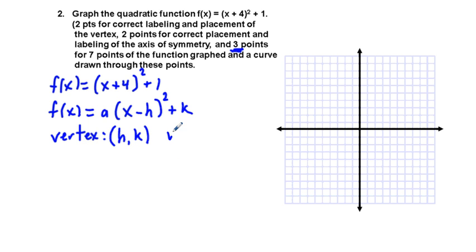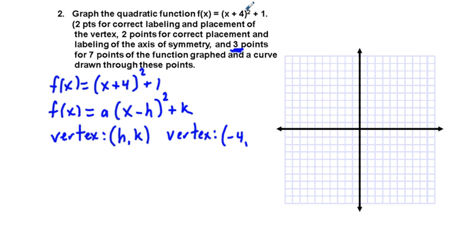In this case, if we have x minus h, then what is h going to have to be? It's going to have to be -4, because the only way we get x plus 4 is if we have x minus -4. So -4 is our x coordinate.